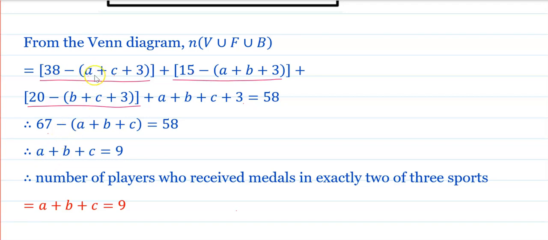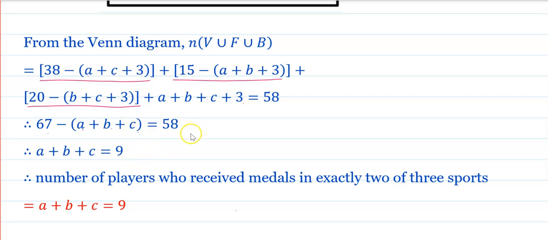Next is here again, minus in bracket A plus C, minus in bracket A plus B, minus in bracket B plus C, and plus A plus B plus C, and overall you will get minus in bracket A plus B plus C. If we simplify, then you will get it.